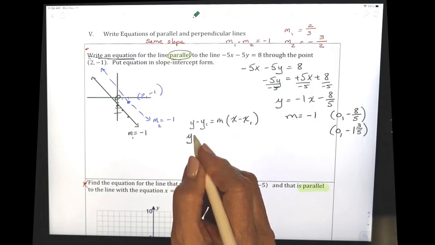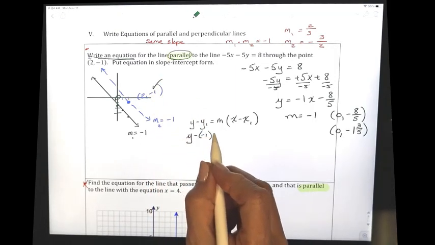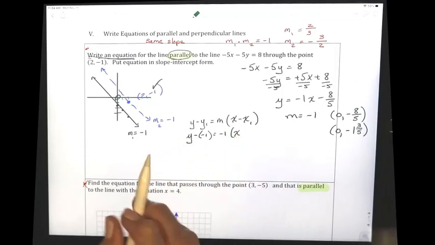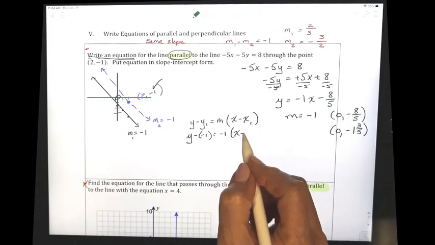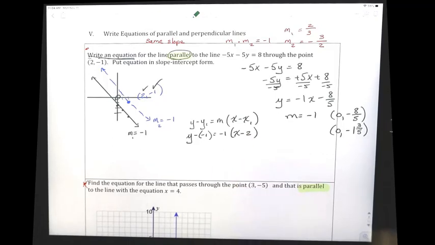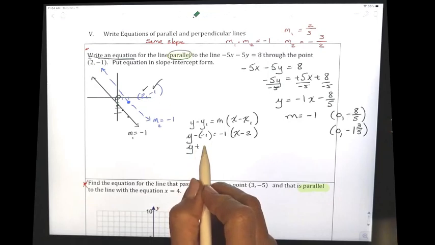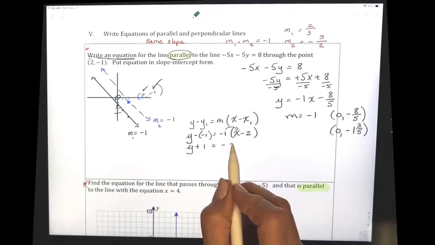You write down the y, you write down the minus, you pick up the y coordinate of the point. The slope we've determined has to be -1 in order to make it parallel to the green line. And then write down the x, write down the minus, and pick up the x coordinate, which is 2. So I'm about to actually have the equation now. I'm just putting it in a little bit better form for you.